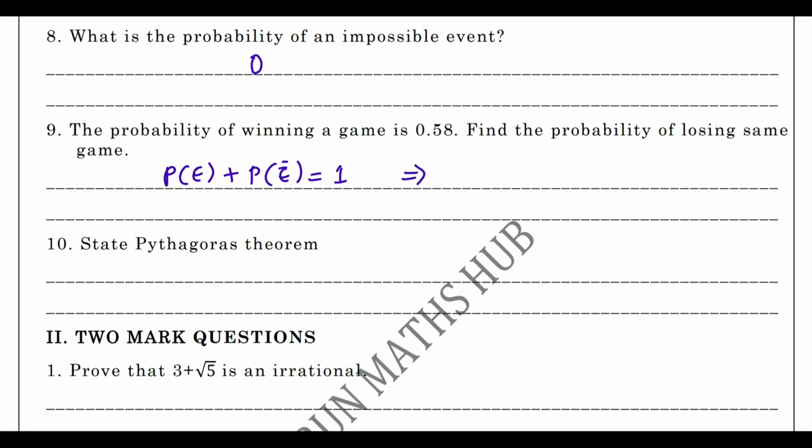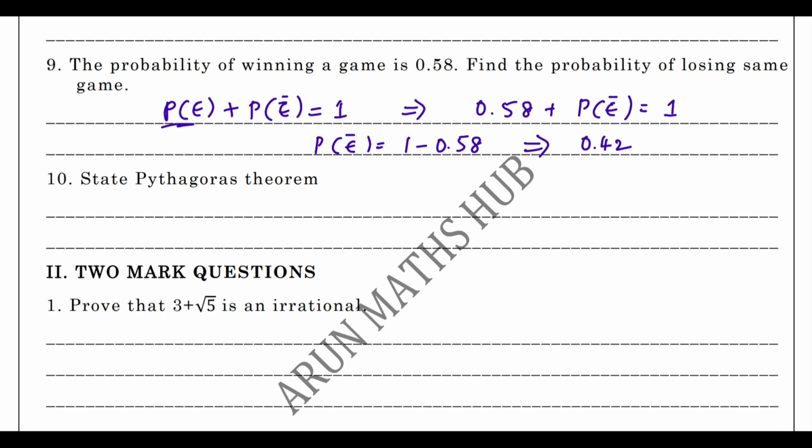Given the probability of the event is 0.58, plus we need to find its complement, P of E bar, equals 1. Now P of E bar equals 1 minus 0.58, which gives 0.42. So the probability of losing the same game is 0.42.